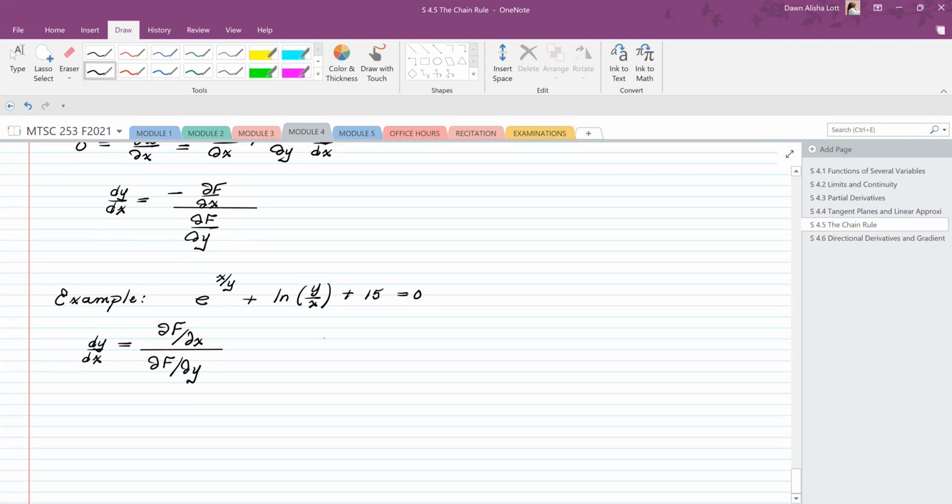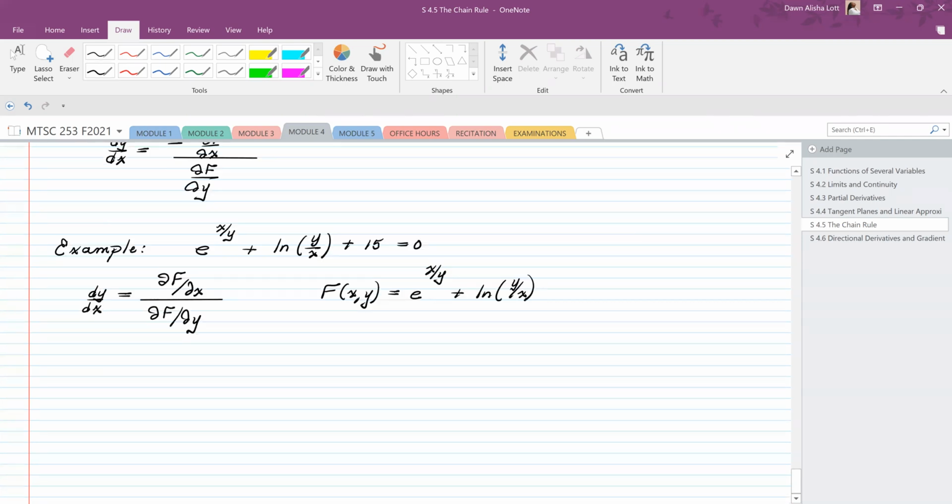Okay, so here f of x, y is e to the x over y plus the natural log of y over x. So if I want to find dy dx, I have to find the partial of f with respect to x. I need to take the derivative of this with respect to x.